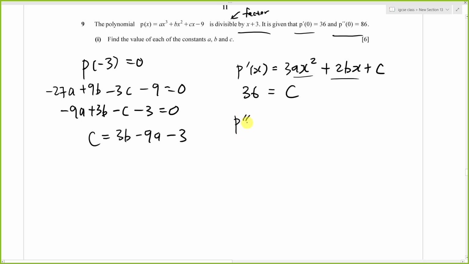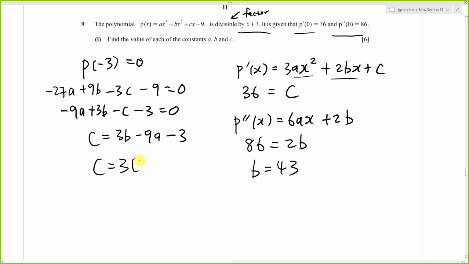And then I will do the second derivative for p(x). So I have 6ax plus 2b. This will equal 86. When I sub 0 into here, I get my b equals 43. Then my c equals 36. So c is 36, equals 3b minus 9a minus 3.